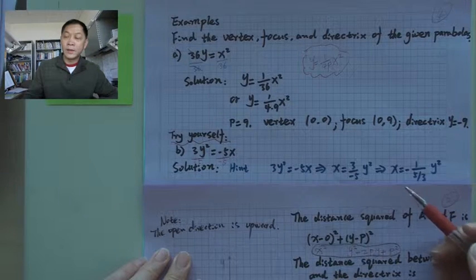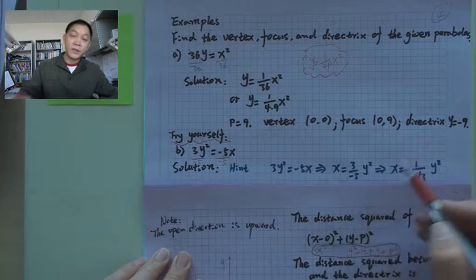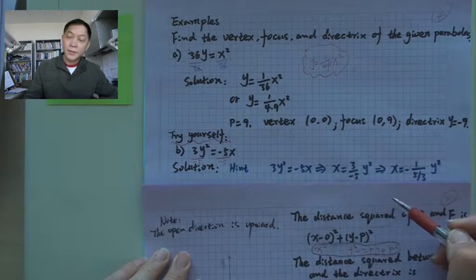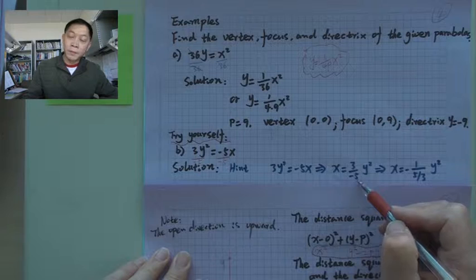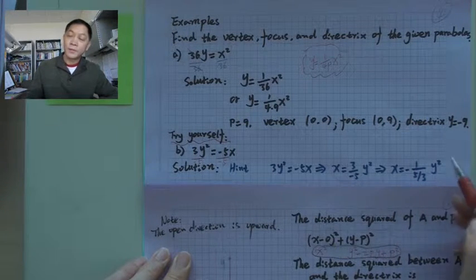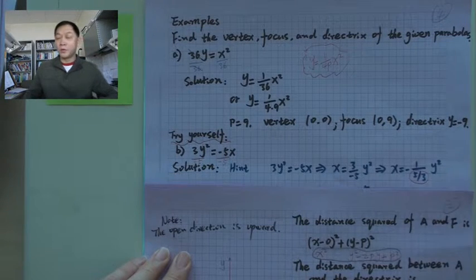Okay. And then from here, the standard form always has numerator 1. So you've got to move the 3 down to the denominator in this way. Then this has to be equal to 4p.